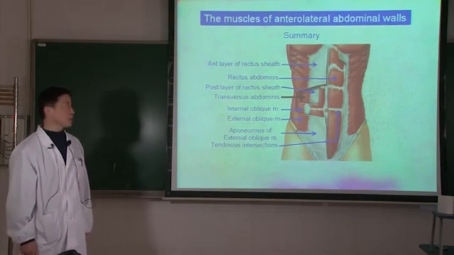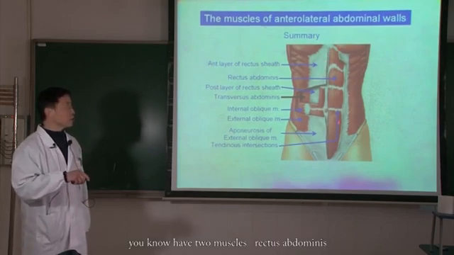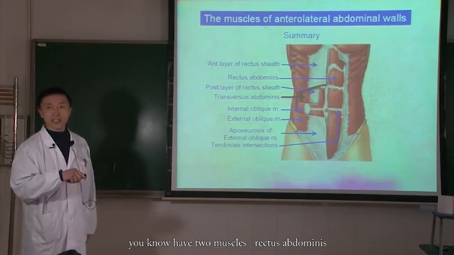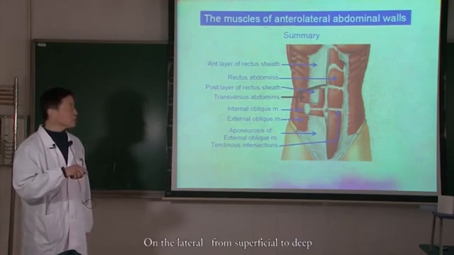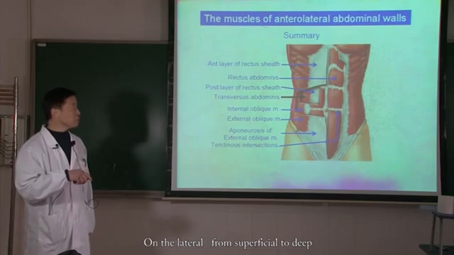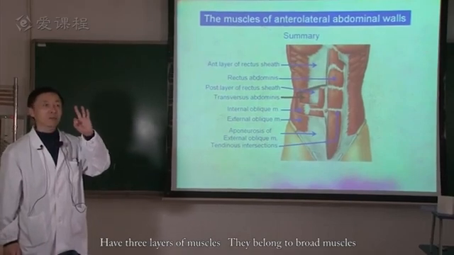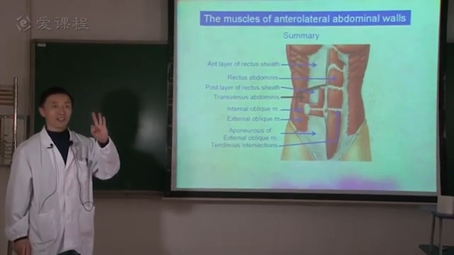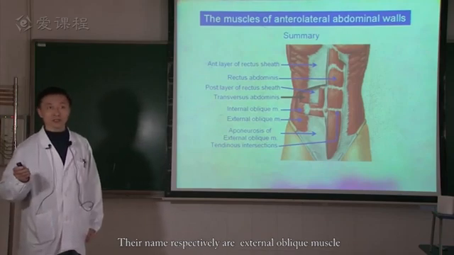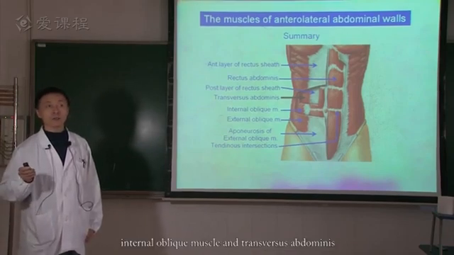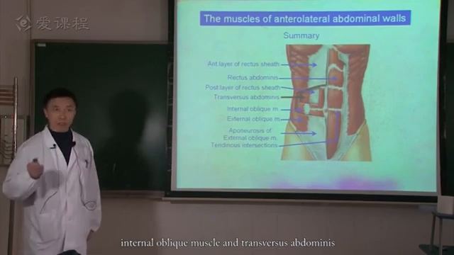Deep fascia. On both sides of the anterior midline, you know, there are two muscles, the rectus abdominis. On the lateral side, from superficial to deep, there are three layers of muscle. They belong to the broad muscles. They are named separately the external oblique muscle, internal oblique muscle, and transverse abdominis.